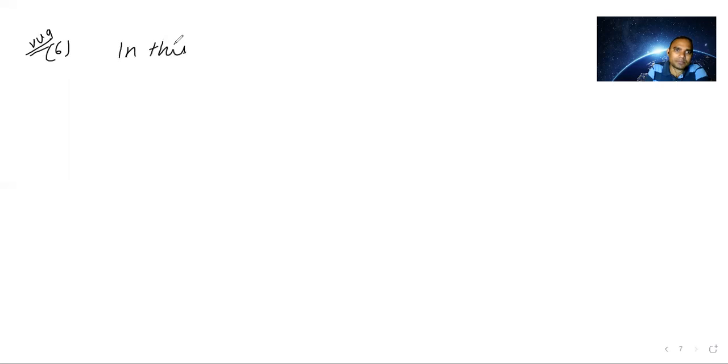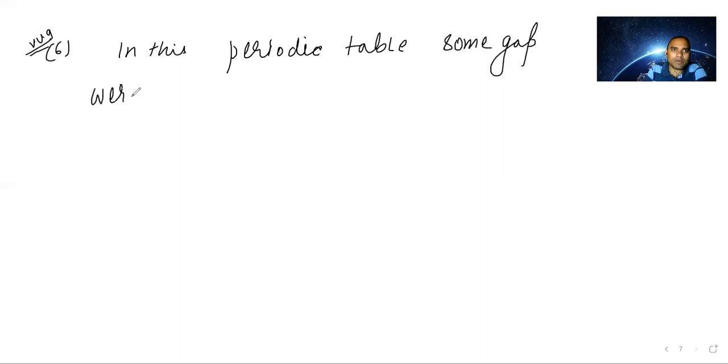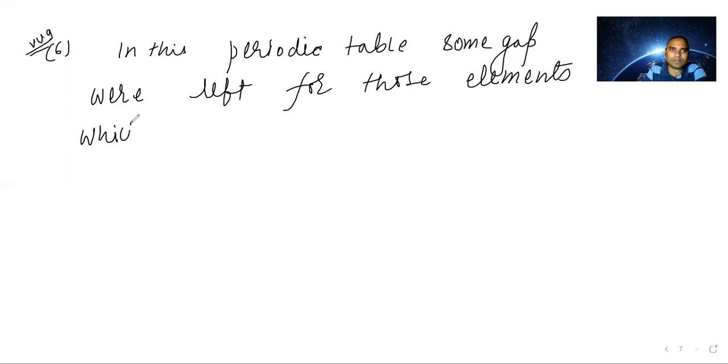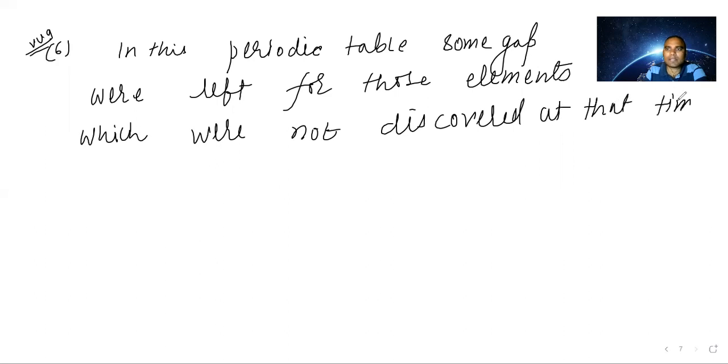In this periodic table, some gaps were left for those elements which were not discovered at that time. So he left some places for those elements. For example, Eka boron is there. Next one is Eka aluminium.